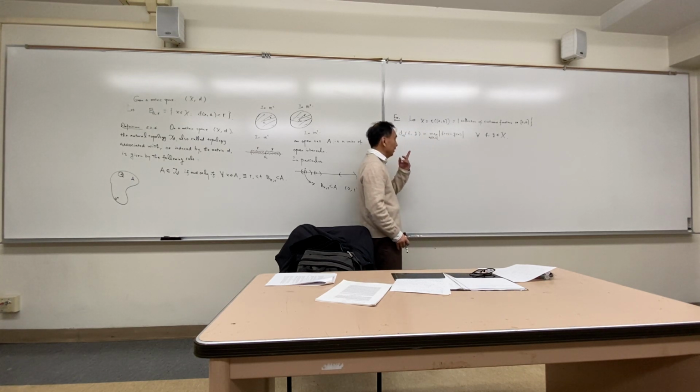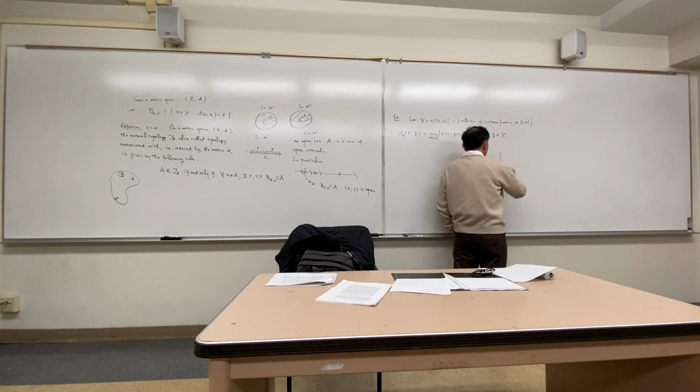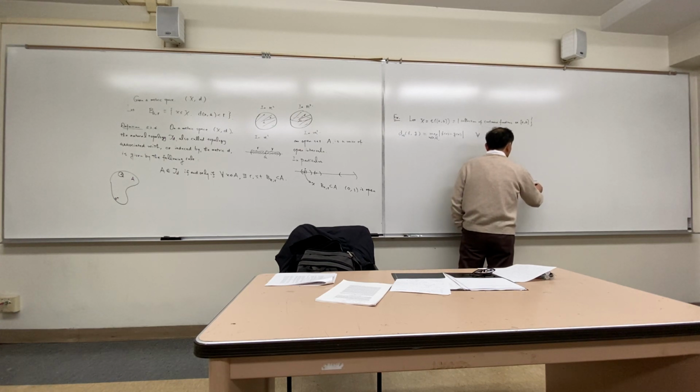Intuitively the graph looks like this: say here we have an interval [a,b], and we have continuous functions.